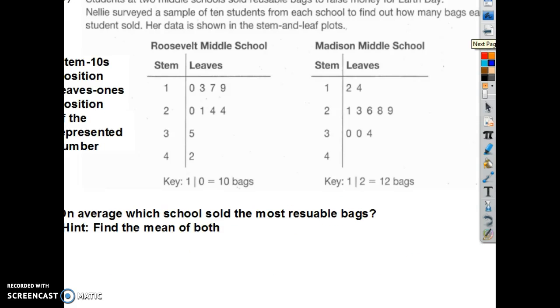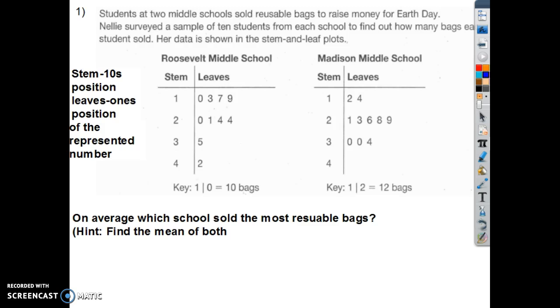Okay, right here, it says students at 2 middle schools sold reusable bags to raise money for Earth Day. Nellie surveyed a sample of 10 students from each school to find out how many bags each student sold. Her data is shown in the stem and leaf plot. Now to read a stem and leaf plot, the stem is the tens place, and the leaves are the ones place.